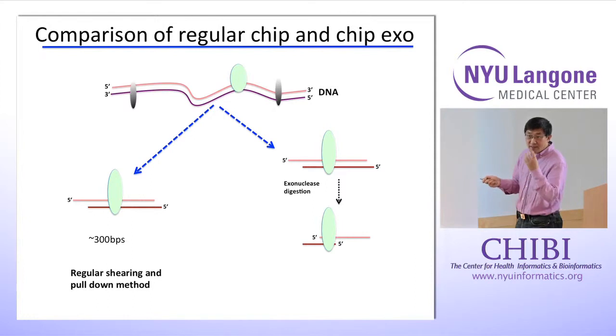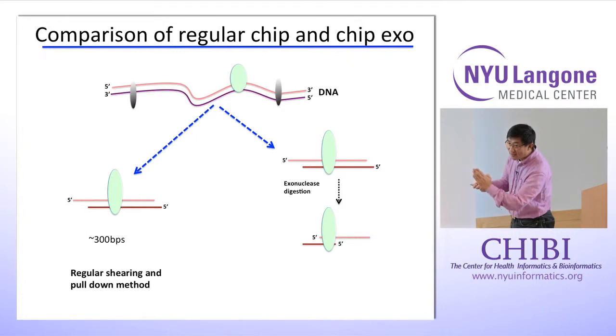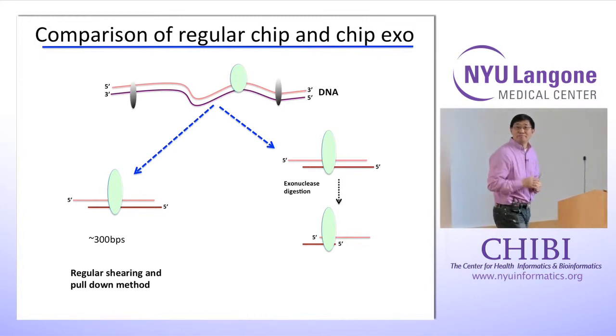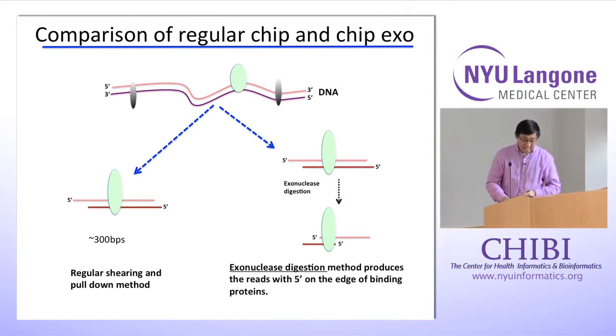When the enzyme digestion reaches the edge of the protein binding, it stops. It can't go on, so what is left is all the reads. You can see from 5', it is exactly the binding site on your right arm, if this is antisense. In the sense strand, you get the left arm right on the edge of the binding region. Okay?